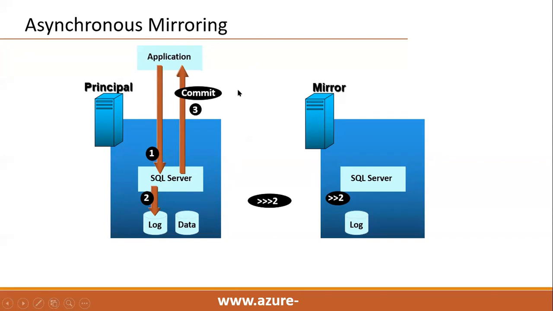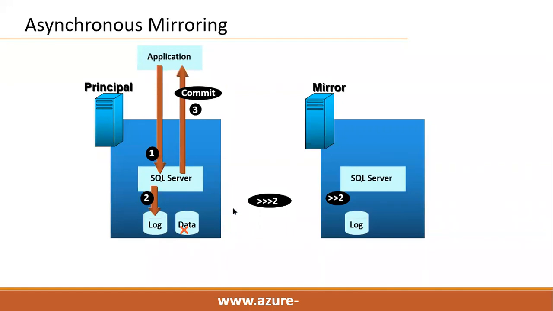But what is the problem? Once it is written, immediately the acknowledgement: your transaction is successful. Later, these changes are applied to the mirror after some time. But if something happens, for example my principal database data file is damaged, the user has already received the acknowledgement, yet some changes are not applied to the mirror.